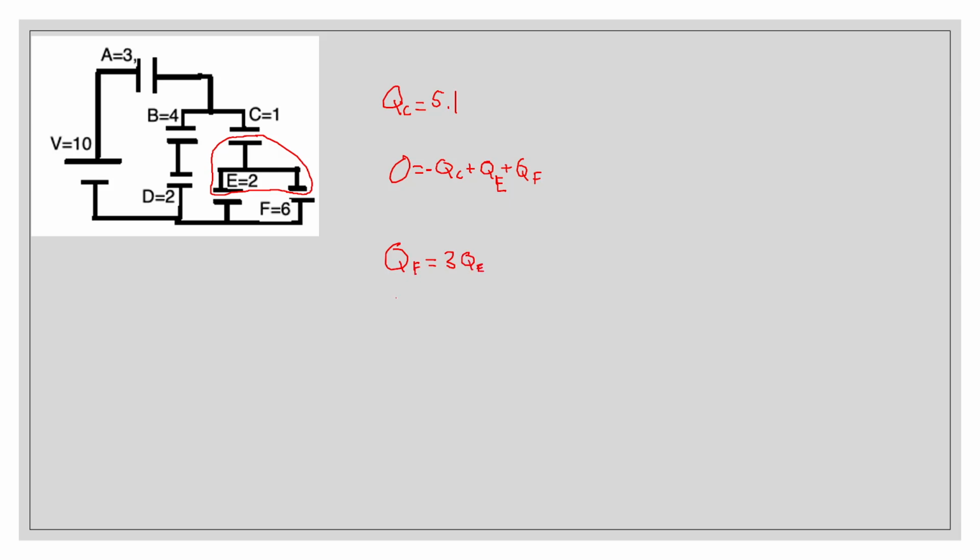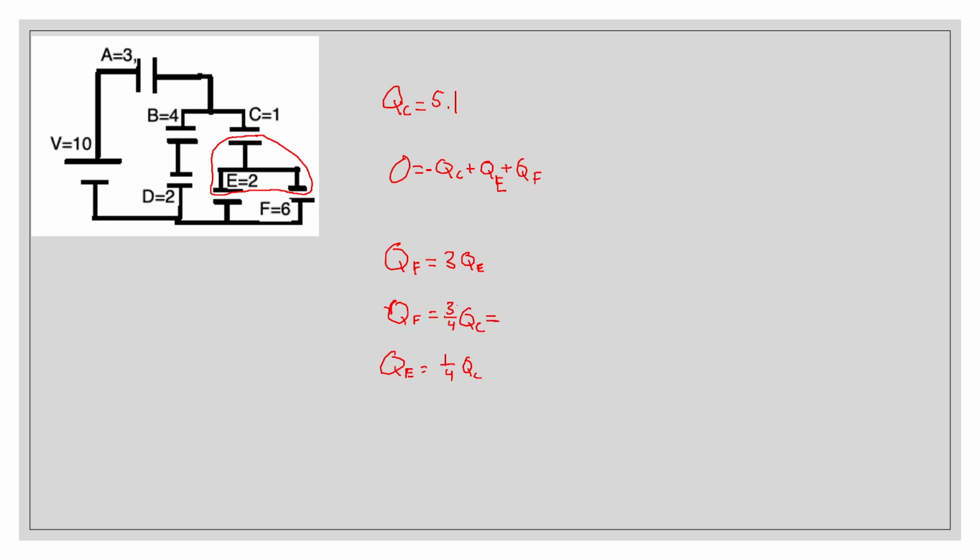which means QF is going to have 3/4 of QC, right? And QE is going to have 1/4 of QC. All right, this has to be true because they have the same voltage and therefore and all that stuff. But it's a nice little trick you can use to shortcut here.